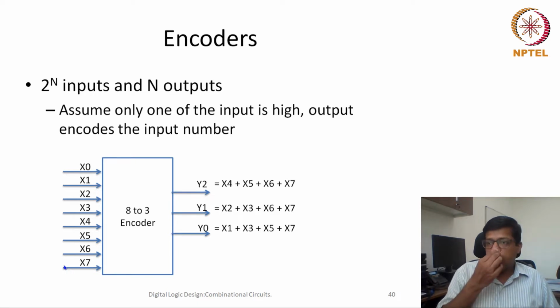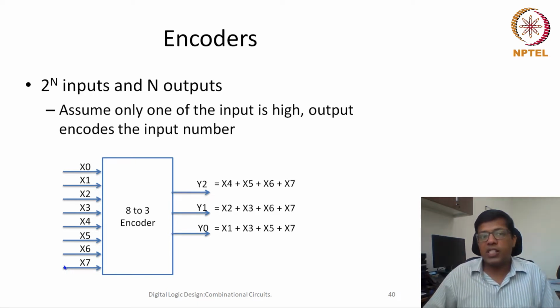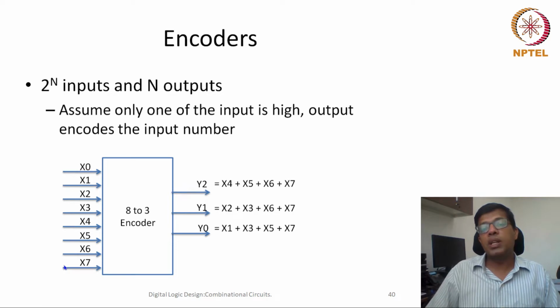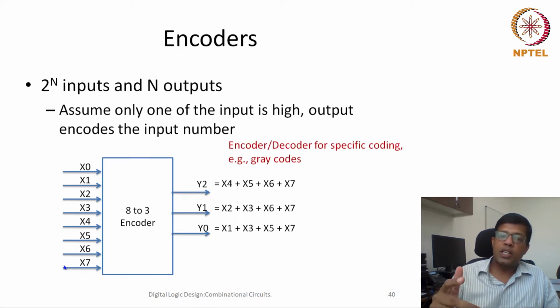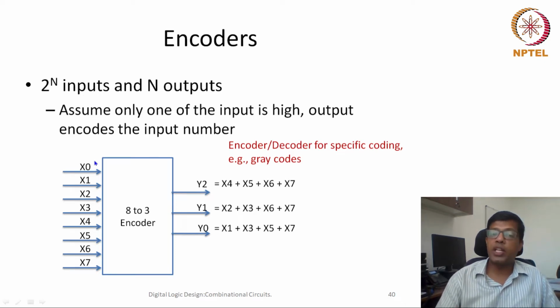Now this was where we have assigned decimal numbers to our input IDs. Instead of decimal numbers, if we assign other codes like gray code, BCD code, XS3 code, then also we can design our encoder. For the outputs, like y0, y1, y2 here, we looked at what the corresponding ID was and then calculated.